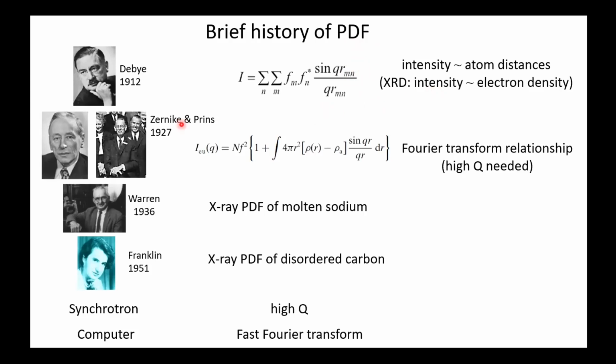And then about 15 years later, Zernike and Prince independently derived this equation, which is very important. It's showing us there's a relationship, and this is a Fourier transform relationship. So we can see the sine function here. Typically, if you have the sine, the exponential of e, or the cosine, that is an indication of the Fourier transform.